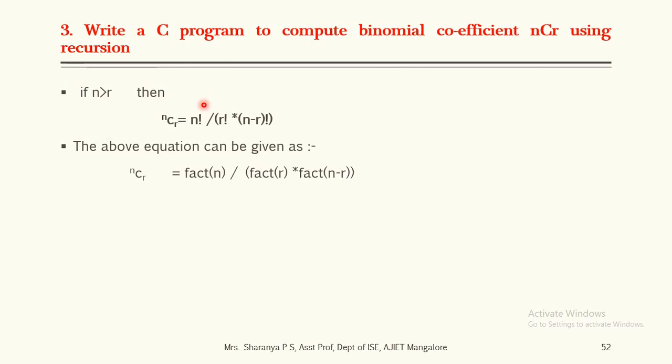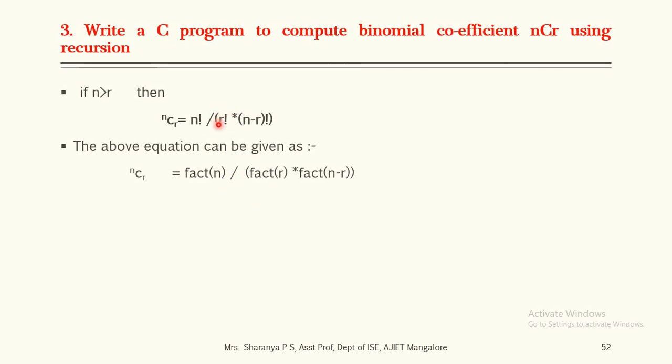There is a well-known formula, that is n factorial divided by r factorial into (n minus r) factorial. When we write it like this, can we observe anything? Yes, this n factorial is nothing but what we have already discussed, the factorial of a given number. We can use that same logic to find the factorial of a given number.